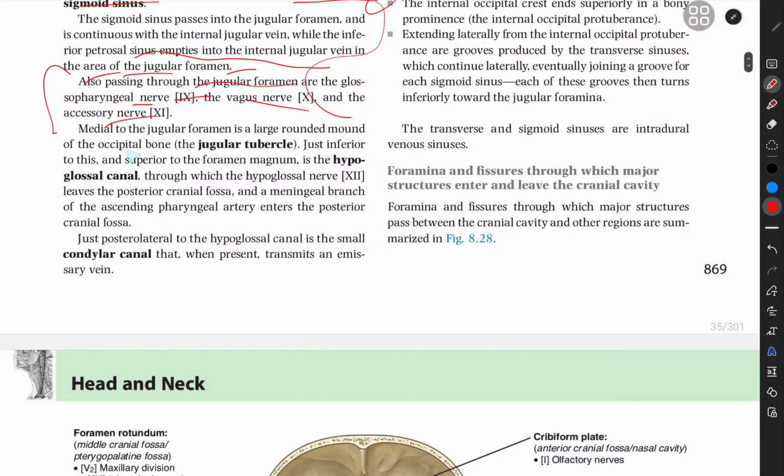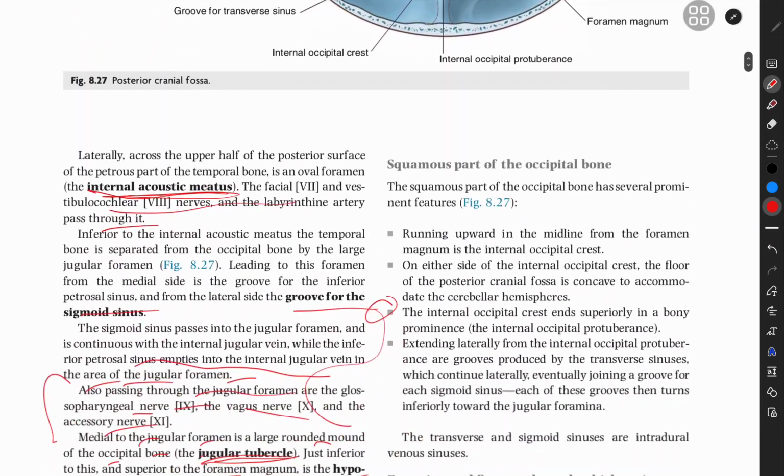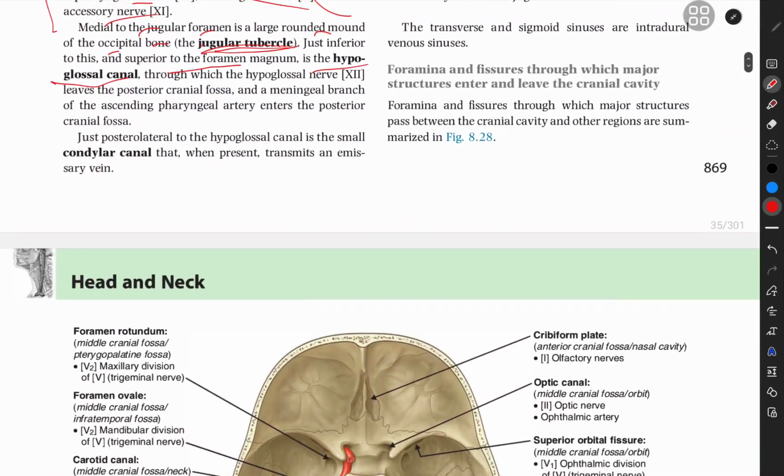No explanations. Medial to the jugular foramen is a large rounded mound of the occipital bone, the jugular tubercle. Just superior to the foramen magnum is the hypoglossal canal. We've seen this, through which the hypoglossal nerve leaves the posterior cranial fossa, and the meningeal branch of the ascending pharyngeal artery enters the posterior cranial fossa.